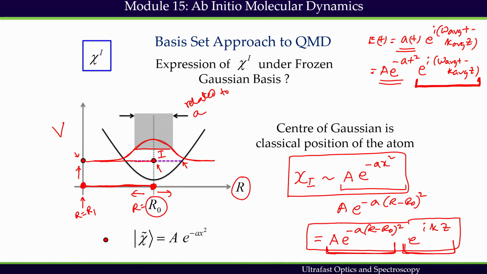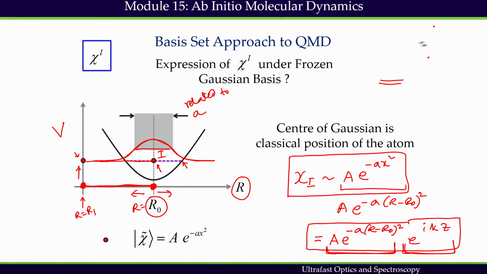Now the question is, a nucleus is a particle, and for any k, k can be expressed as 2 pi by lambda. Since we are dealing with a nucleus, we have to deal with the particle wave, or de Broglie matter wave, which can be expressed as lambda equals h by p, where p is the momentum.